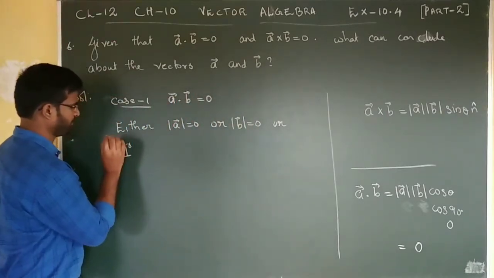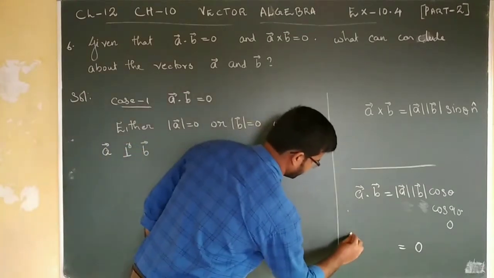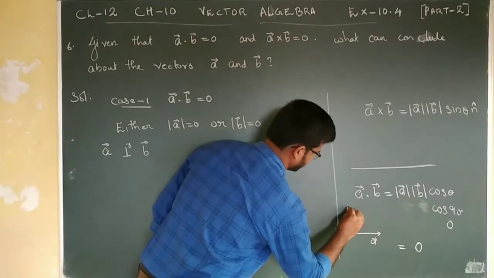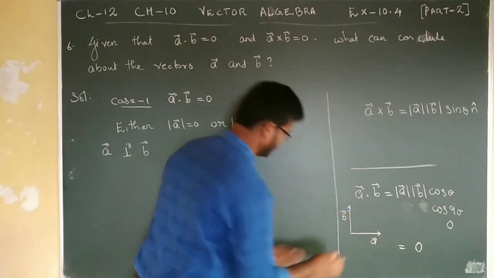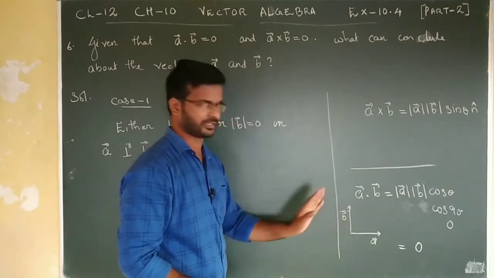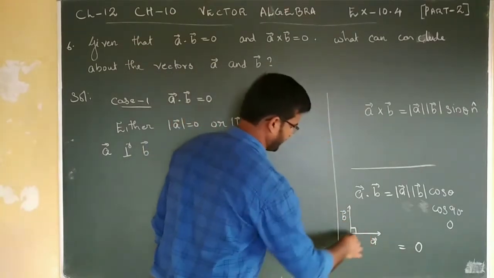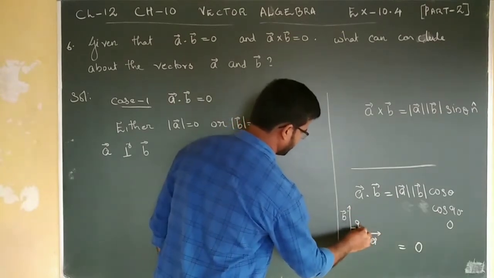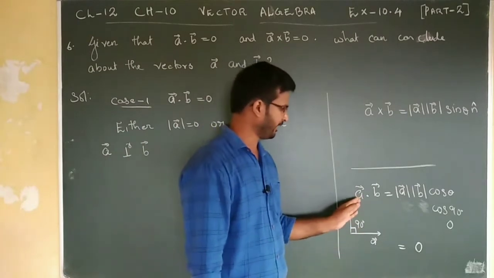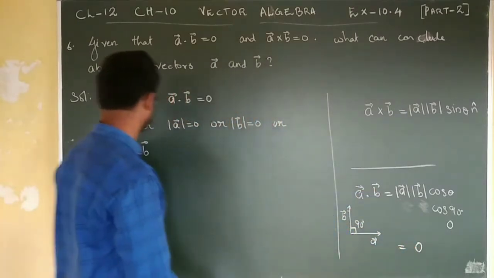If you consider one figure, this is A vector, and next one is B vector. Both are non-zero vectors, since a zero vector cannot be considered in the case of 90 degrees. The angle between A vector and B vector is 90 degrees, that is perpendicular, then we will get A dot B equal to 0.